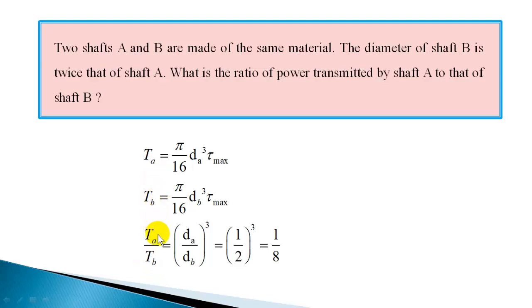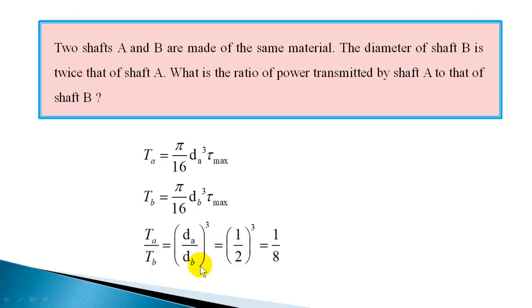So the ratio of torque transmitted is TA by TB. And if you take TA by TB, tau max will cancel because the materials are the same and the maximum shear stress remains the same. So that will cancel and you get dA cube by dB cube, or dA by dB whole cube. So that is the ratio of torque transmitted, or ratio of power transmitted.